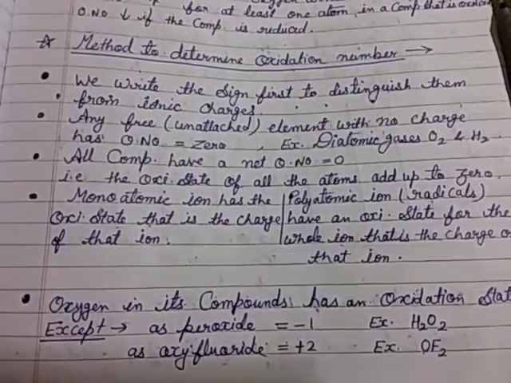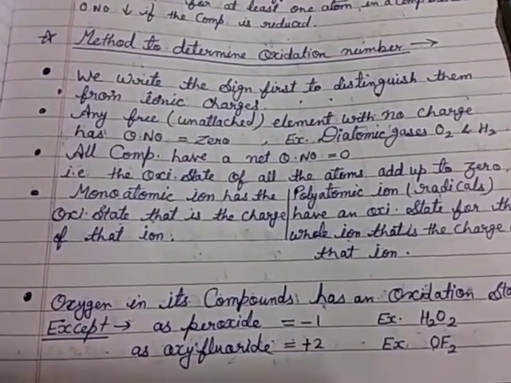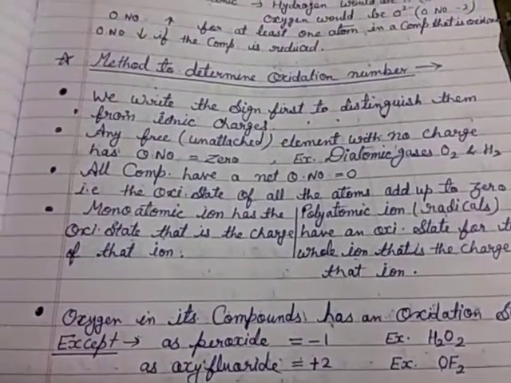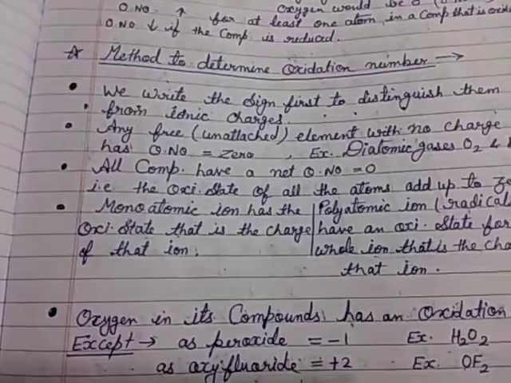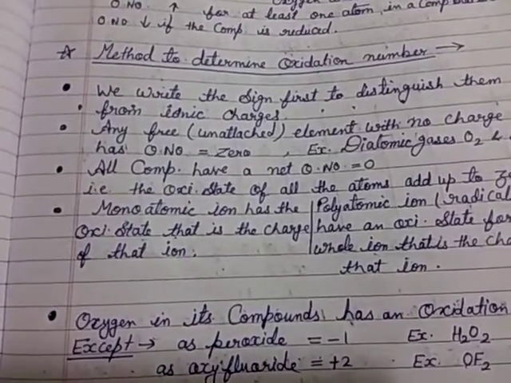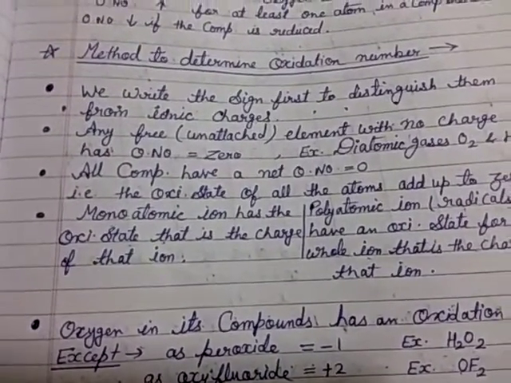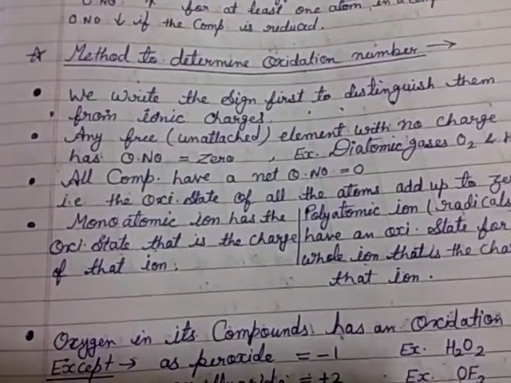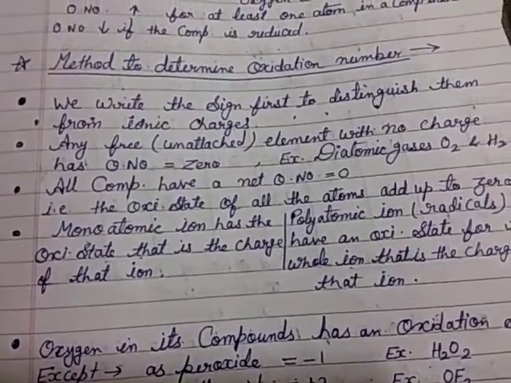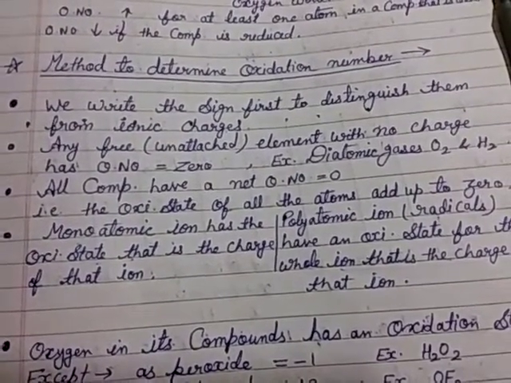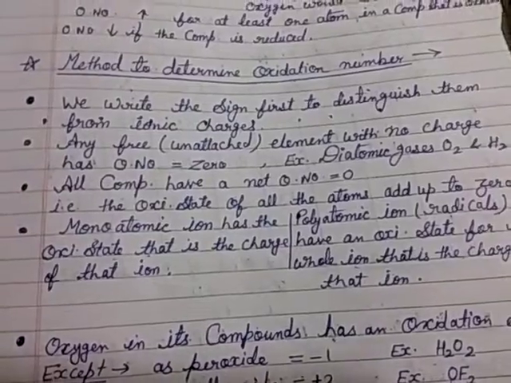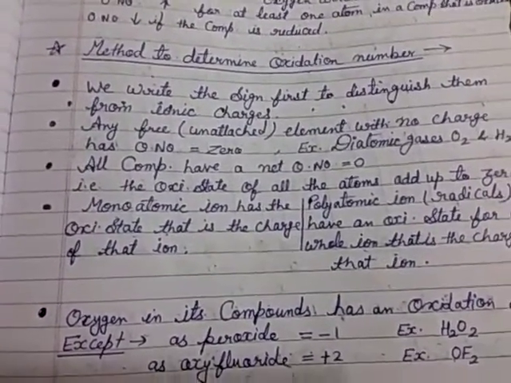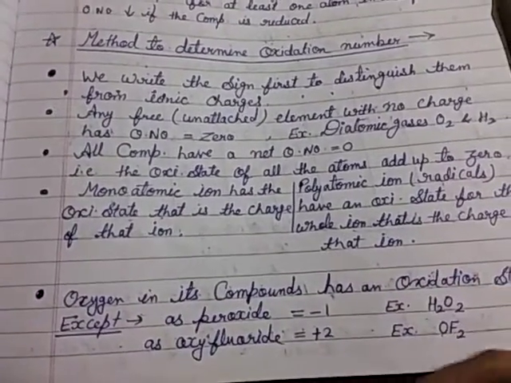Second, any free, unattached element with no charge has oxidation number 0. For example, diatomic gases like O2 and H2 are free elements, so they have no charges and the oxidation number is 0.